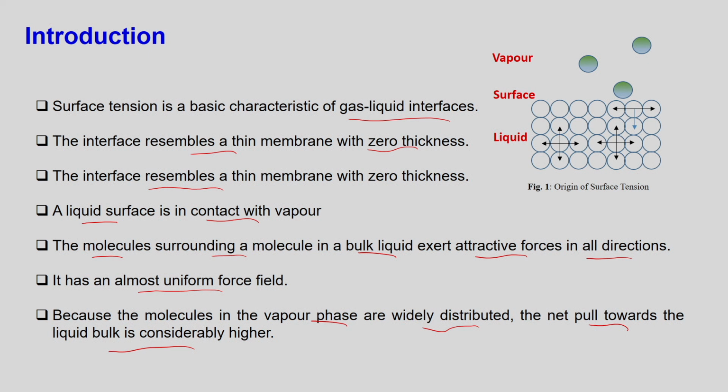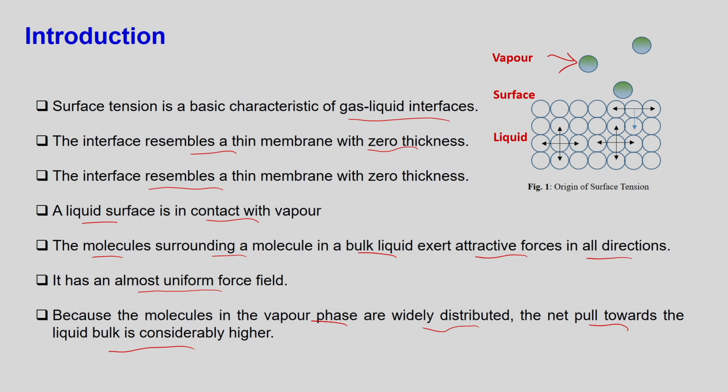Let us see from this figure what that means. Let us say we have a pure component. At a particular temperature, it will have molecules in the liquid phase and molecules in the vapor phase. The molecules in the vapor phase are loosely bound, so they will not experience attractive forces.